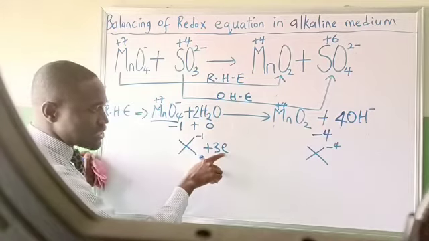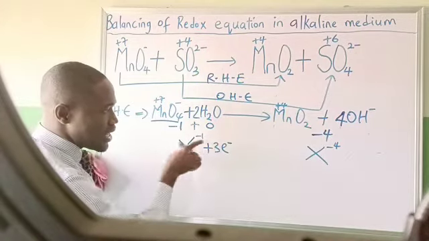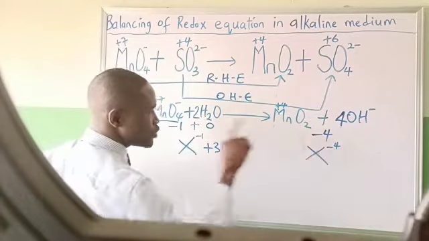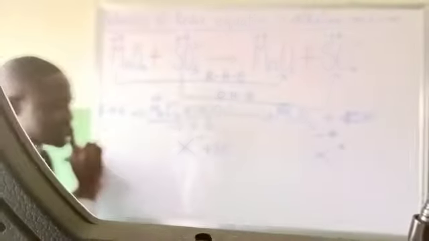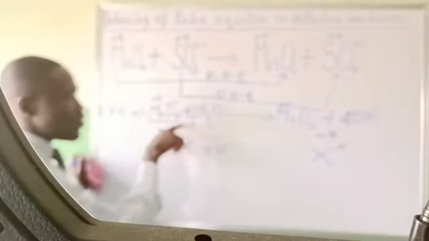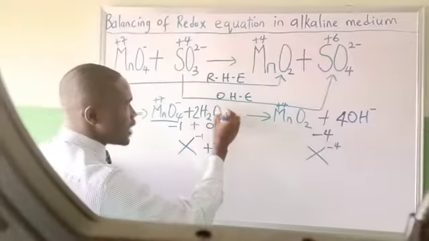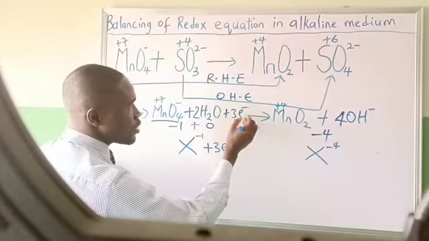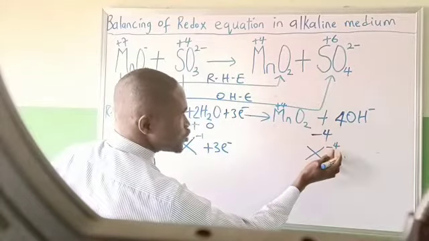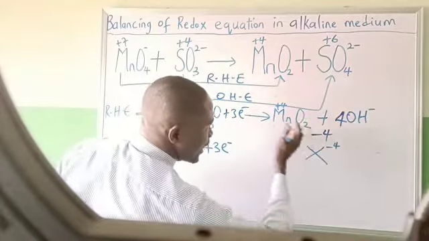If it gains extra 3 electrons, the extra 3 electrons plus the 1 electron it gained will give you -4. Are you getting it? So because of that, I will know that here we carry plus 3 electrons, because it has to gain 3 electrons to give you the charge of -4 we have as a total here.